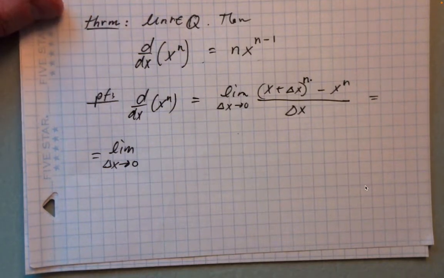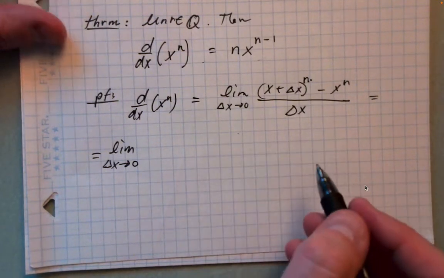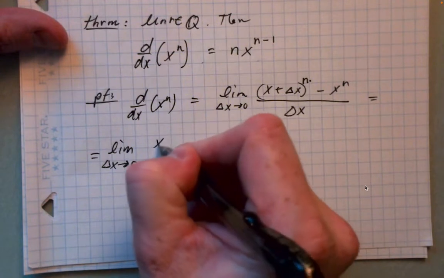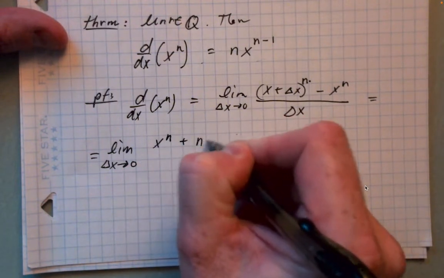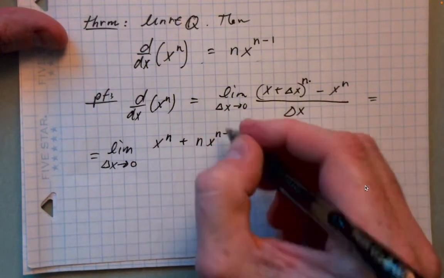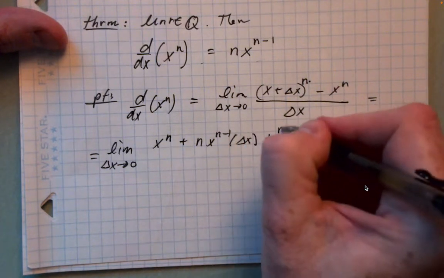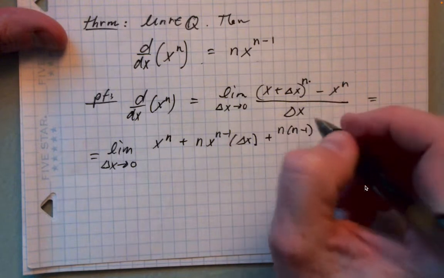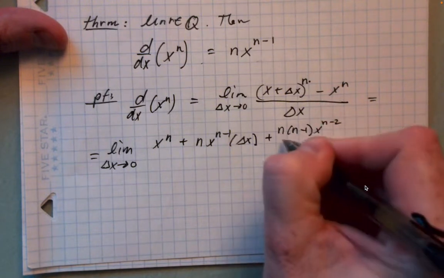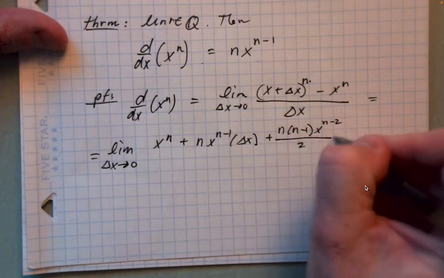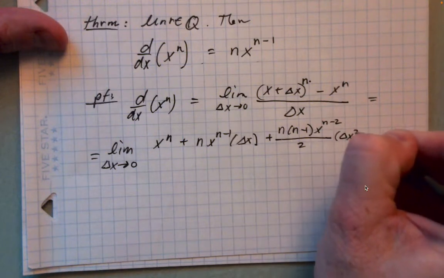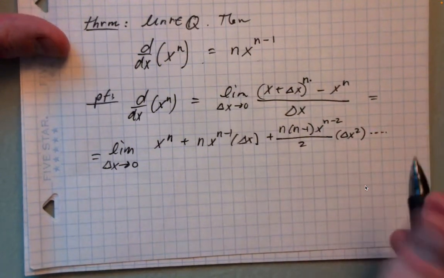What you end up with is something that looks like this: x to the n plus nx to the n minus 1 times delta x plus n minus 1 x to the n minus 2 over 2 times delta x squared, and so on, right?